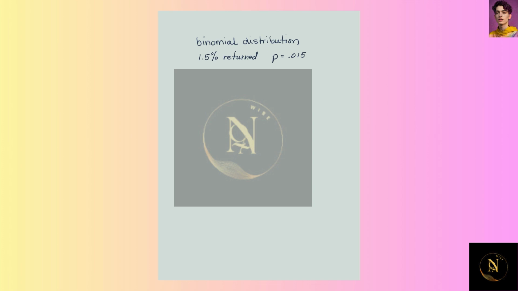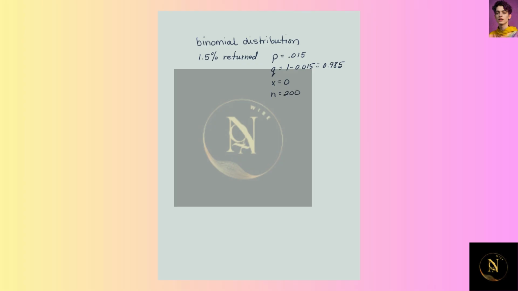So our probability then that they're not returned, or failure, is going to be 1 minus 0.015, or 0.985. Now we're asked to find the probability that none are returned, so that's going to be x, out of a sample size of 200.